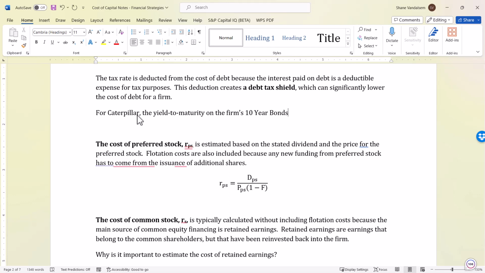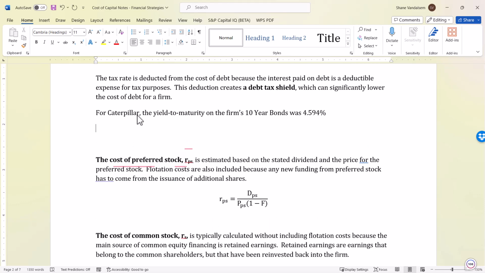For, like I said, Caterpillar it's more like 11 and a half years. It was the yield to maturity that was 4.594%.